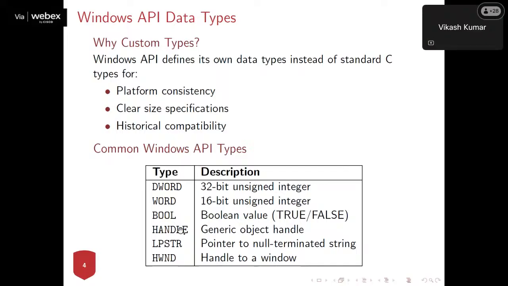HANDLE is a kind of pointer, we can say, a pointer to an object. LPSTR is a long pointer to a null-terminated string. So these are represented in terms of typedef, or we can say different names of the core C data types at different levels.